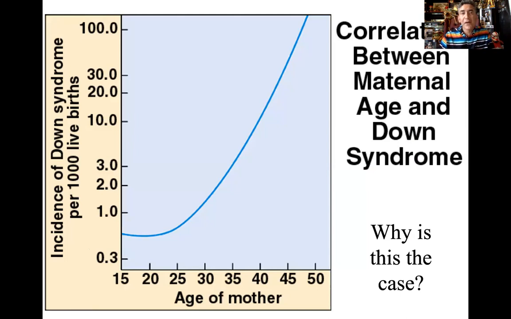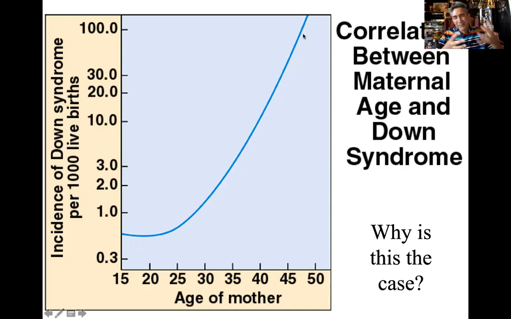For the males too, but the age of the sperm is much less than the age of the eggs. Males are constantly regenerating sperm, whereas ladies, you have those eggs since birth. So there's a very strong correlation. As the age of mom increases, the risk of Down syndrome increases as well, right?